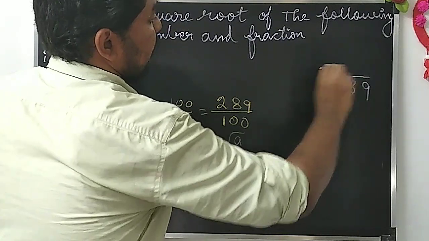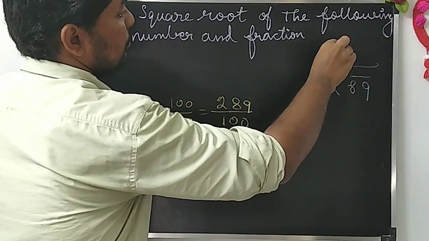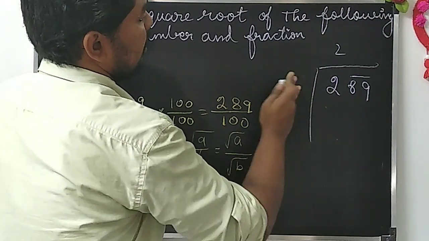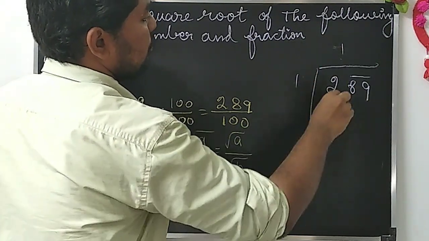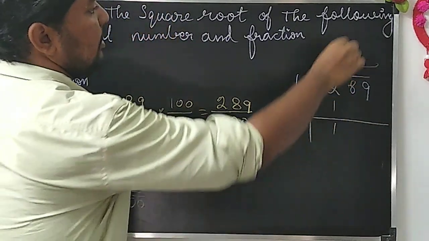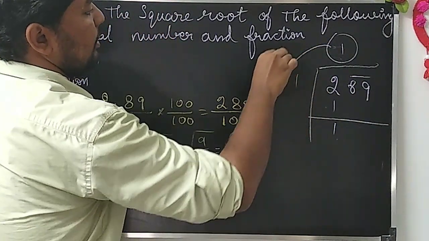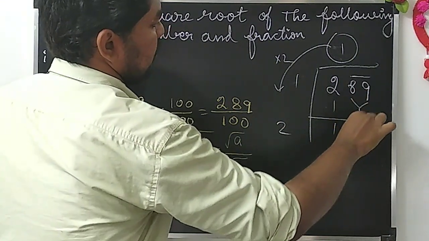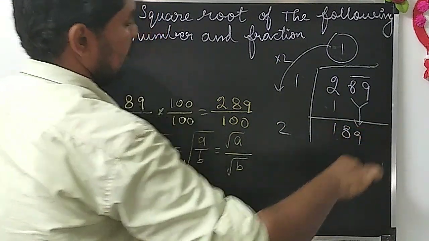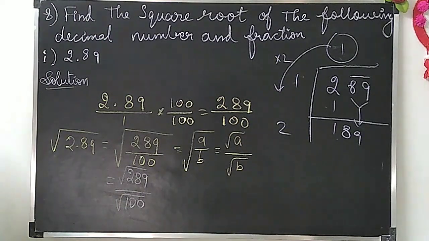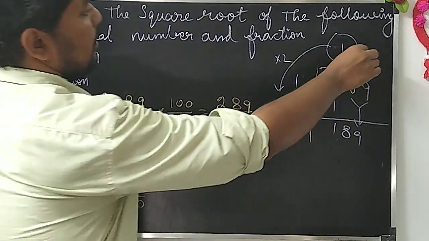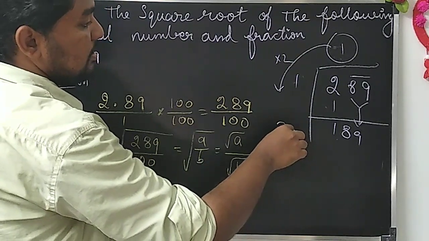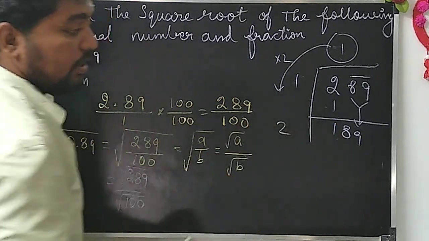So 289, the first pair here, 2: 1 1 is 1 and remainder 1, since we can't write 2 as 2 2s are 4. Next step, multiply by 2, that is 2. Next you write the pair 89. If you write 3, 23 into 3 is 69 only, but here we have 189.